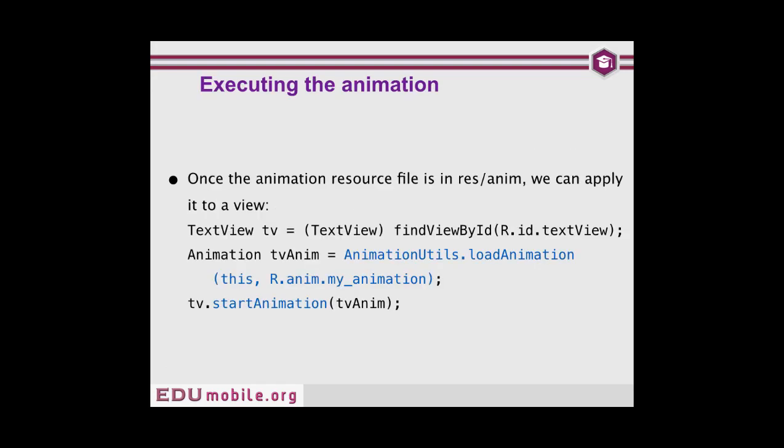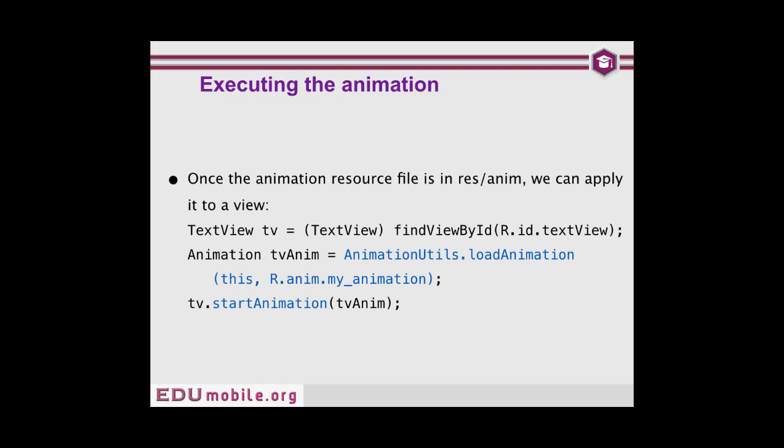So now we execute the animation. Once we have the animation resource file XML in res anim, we can apply it to a view in our code. So here we're getting a text view, findViewById, as we've done hundreds of times before probably, and then we set up an animation. An animation is an object of class Animation. So here we're calling it tvAnimation.